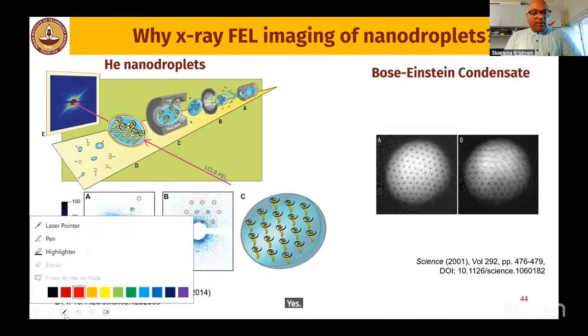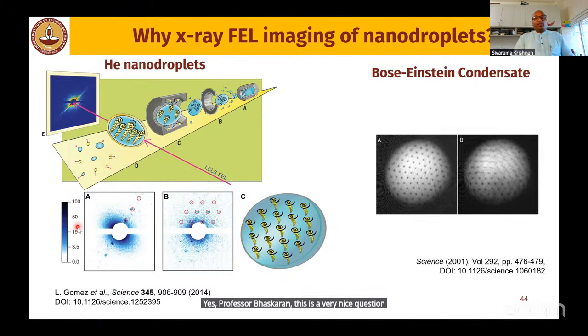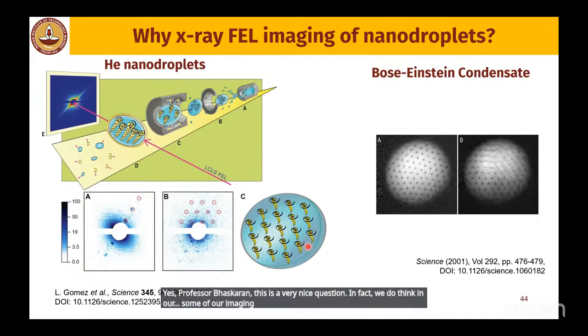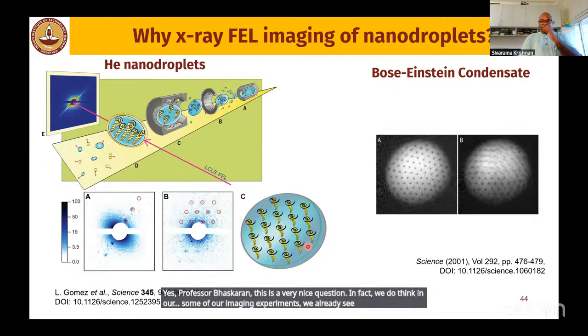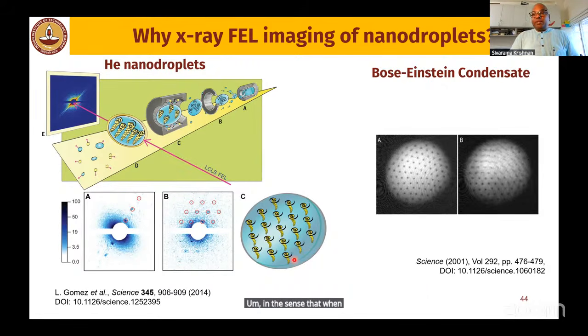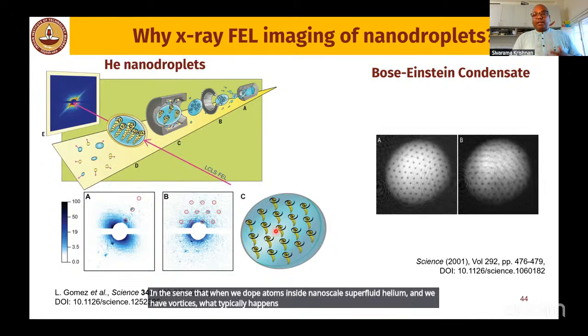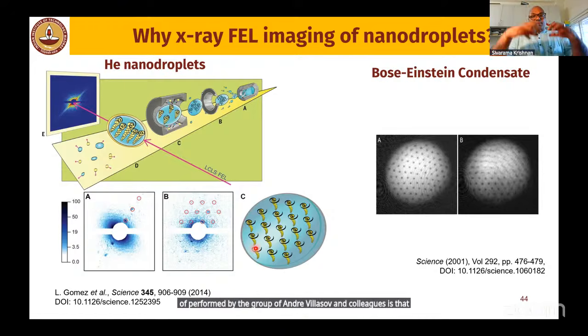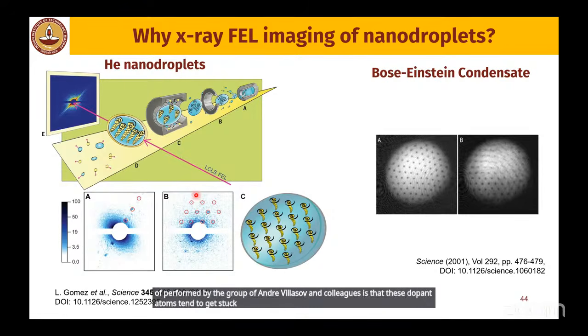Yes, Professor Bhaskar, this is a very nice question. In fact, we do think in some of our imaging experiments, we already see the impacts of these vortices, in the sense that when we dope atoms inside nanoscale superfluid helium and we have vortices, what tends to happen, as evidenced in this experiment performed by the group of Andrey Vilesov and colleagues, is that these dopant atoms tend to get stuck inside the vortex.